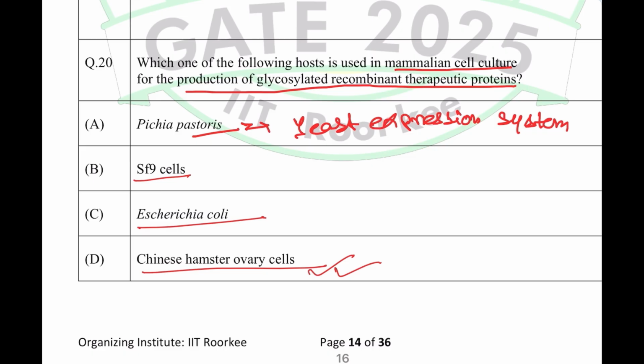That's why FDA-approved glycosylated therapeutic proteins are produced from CHO cells. So the answer will be option D, Chinese hamster ovary cell.